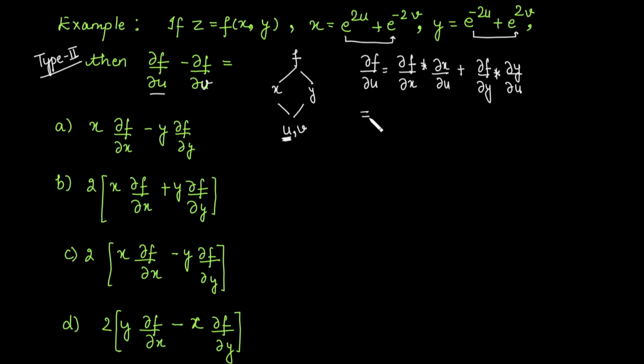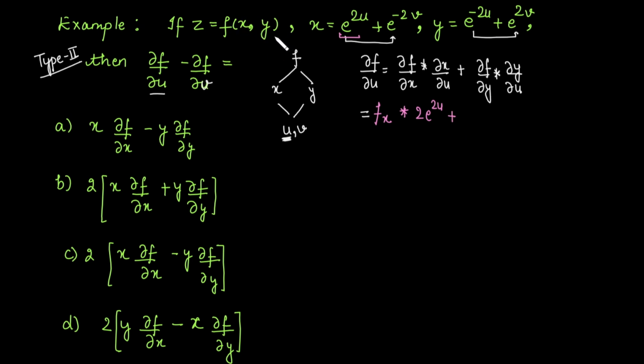Now, what is the partial derivative of the function with respect to x? As this function is not given to you, we will keep this term as it is, or we can write this in a more simplified form as fx into the partial derivative of x with respect to u, that is twice of e raised to power 2u, but this term is 0 as it depends upon v, not on u, plus the partial derivative of the function with respect to y.